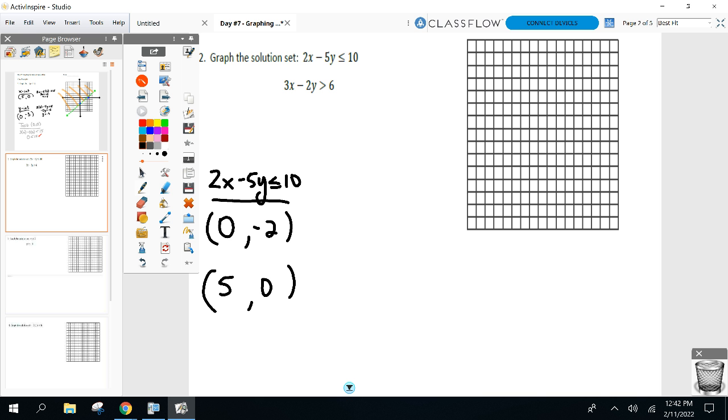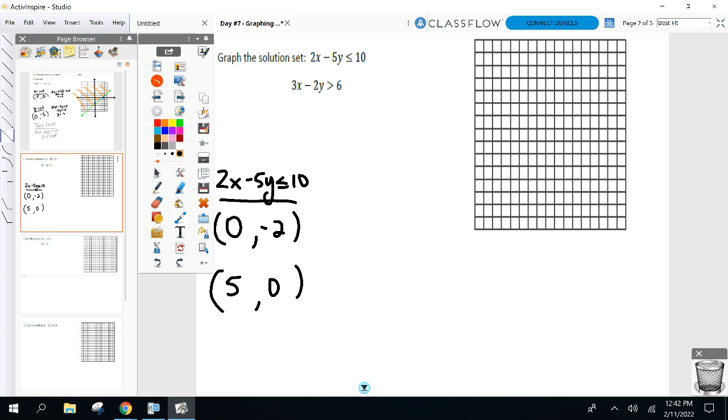Hopefully you're getting -2 for your y-intercept, 5 for your x-intercept. Make your axes when you're ready.